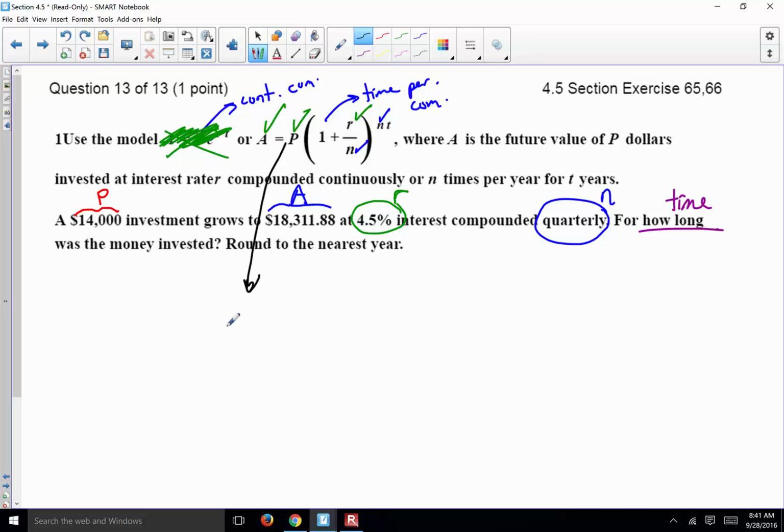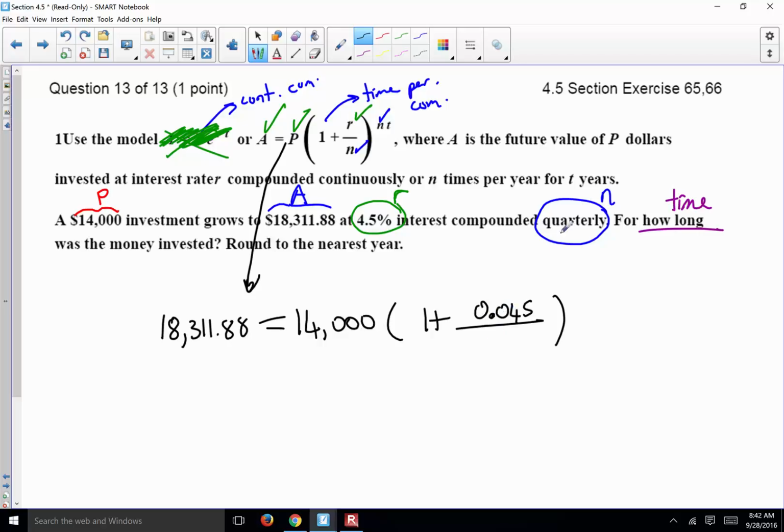letters with the values. 18,311.88 is A, P is 14,000, R is, what is R? 4.5? That's how you enter it. And we divide this by 100, because it's a percentage, so it is 0.045.